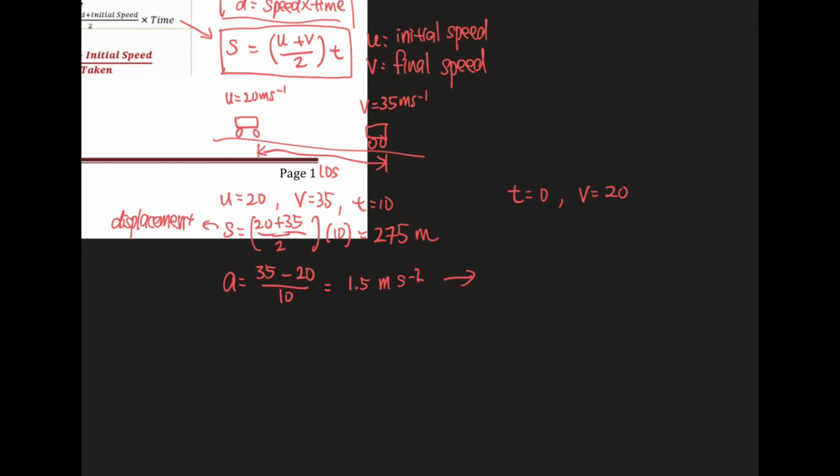After 1 second, it increased by 1.5 to become 21.5. After another second, it increased by 1.5 again to become 23. After one more second, it increased by 1.5 again to become 24.5, and so on. It keeps increasing 1.5 in speed.